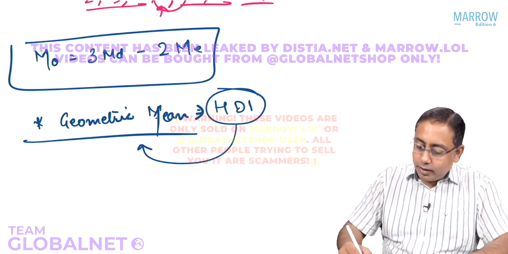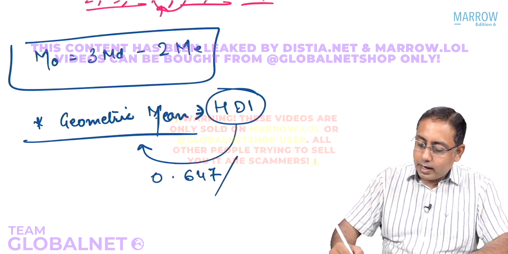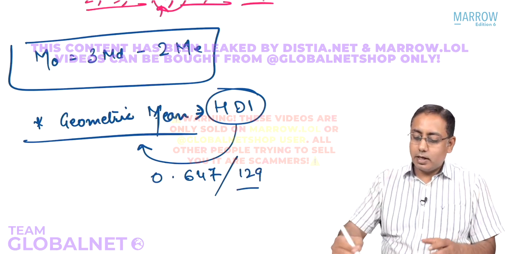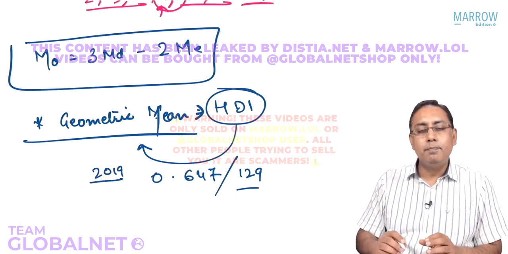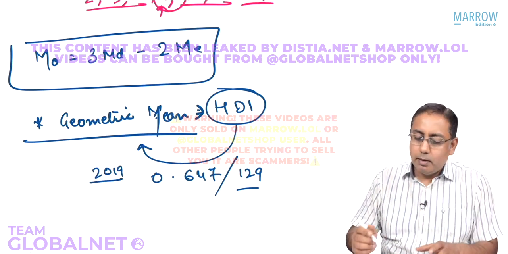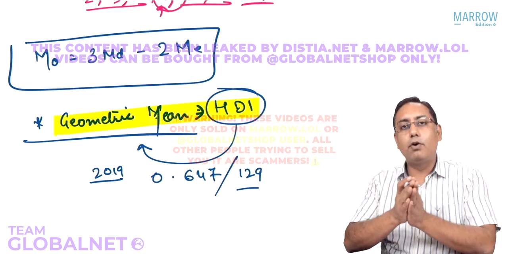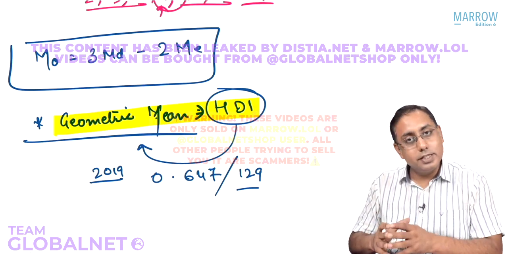That number for India is 0.647, and India stands at a rank of 129 for the HDI. That is as per the 2019 and 2020 data, but it may change all the time. The point I want to bring out is that geometric mean is used in many situations, specifically HDI.